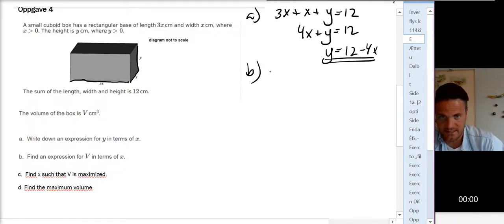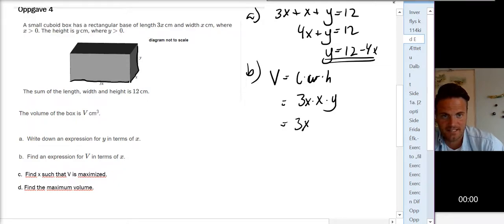Exercise B, find an expression for the volume. This is an optimization exercise again, and the volume, of course, of a box is length times width times height. So the volume here would be length is 3x, the width is x, and the height is y, but we can't use y here.